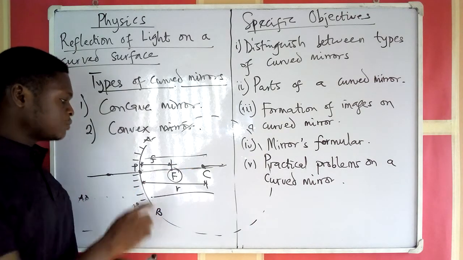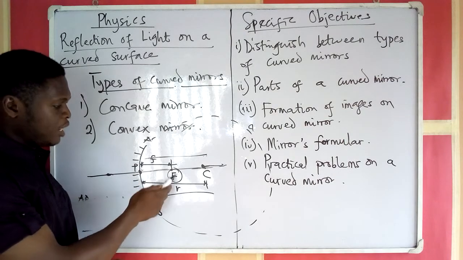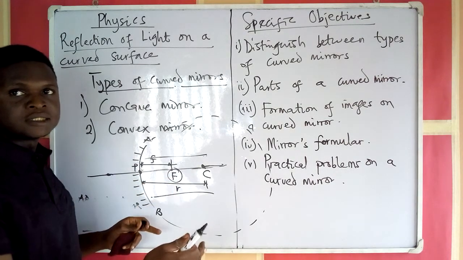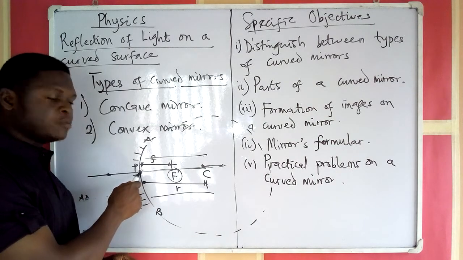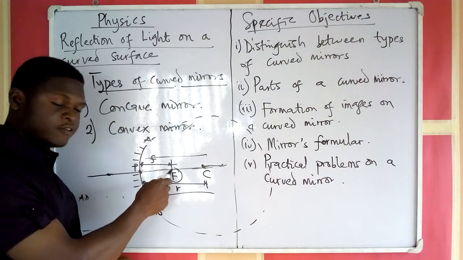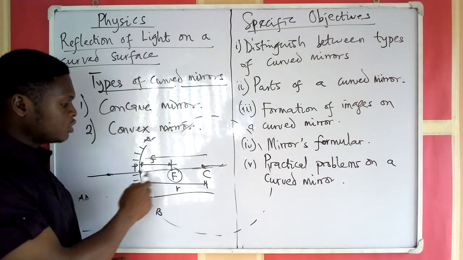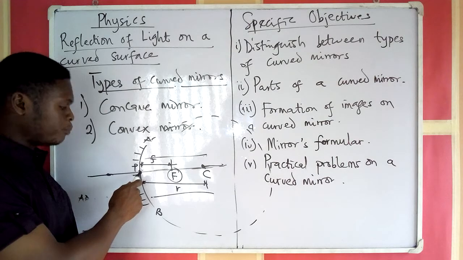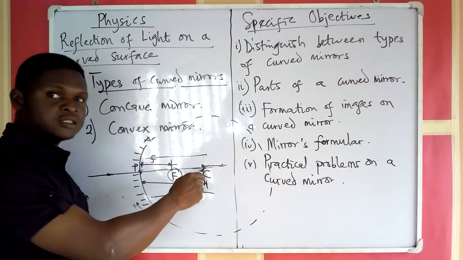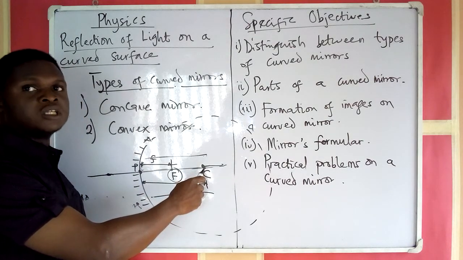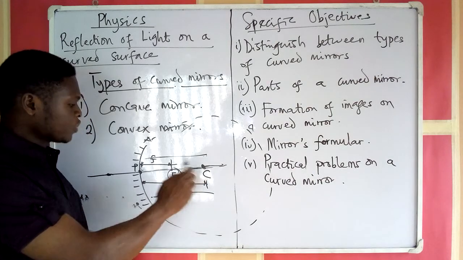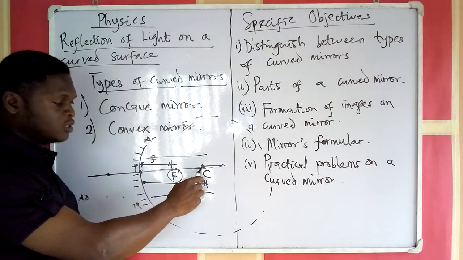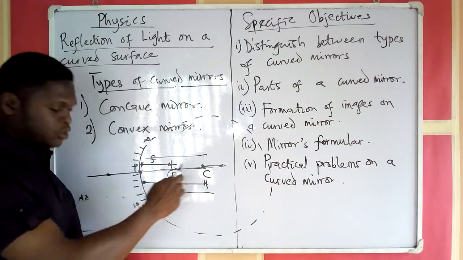Now, the distance between the pole here and F here is called the focal length. It's a distance, it's a length. So the distance between P, which is the pole, and F, which is the principal focus, is called the focal length. While the distance between the pole and the center of curvature is called the radius of curvature.